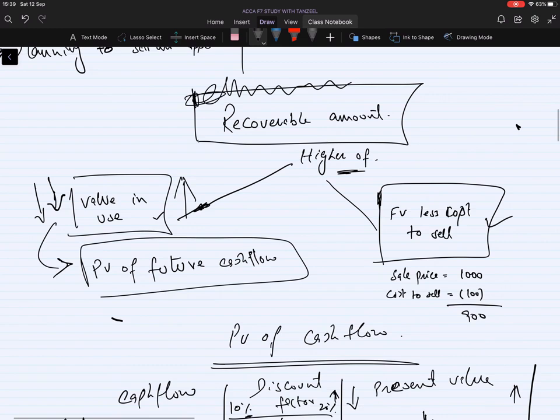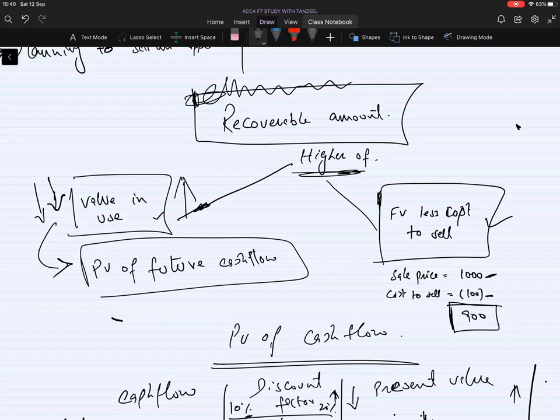So once we are sure that impairment is there, we need to calculate how much impairment. This is the formula: higher of fair value less cost to sell or value in use. Suppose I have a sale price of 1000 and cost to sell is 100. It means the fair value less cost to sell is 900.